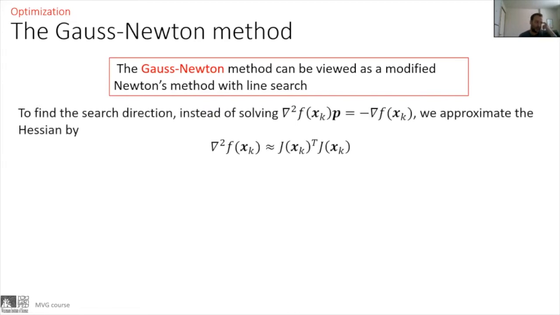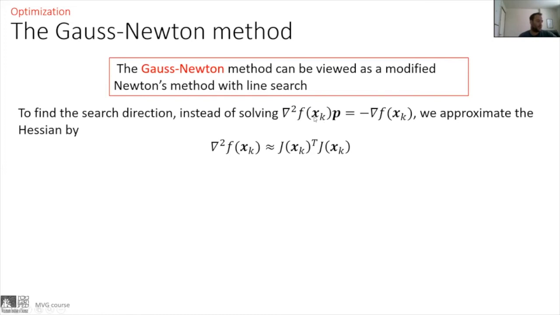As I mentioned, the Gauss-Newton can be viewed as a modified Newton method which is adjusted to the least square problem. The Newton method is general. You can apply it to any function that you want. And the Gauss-Newton uses the structure of least square problems.